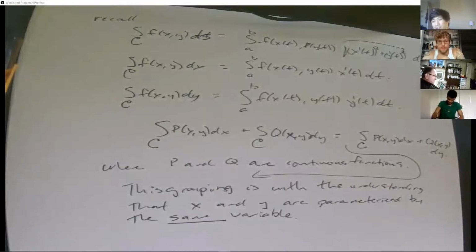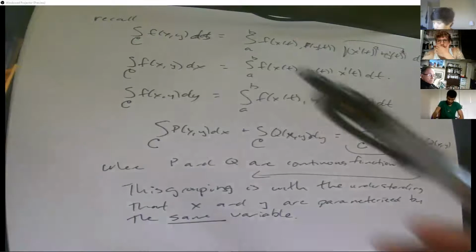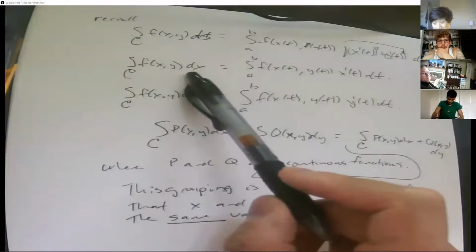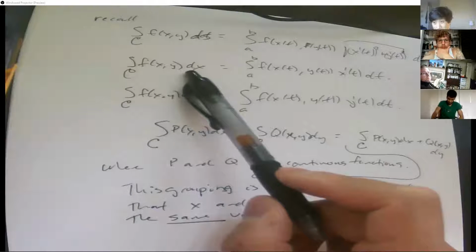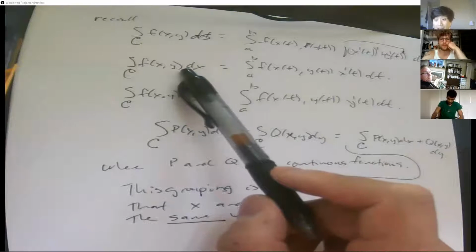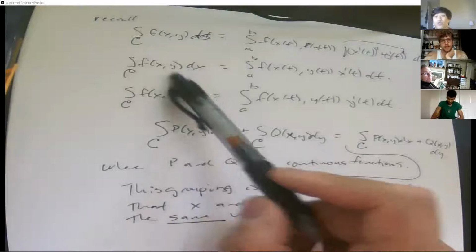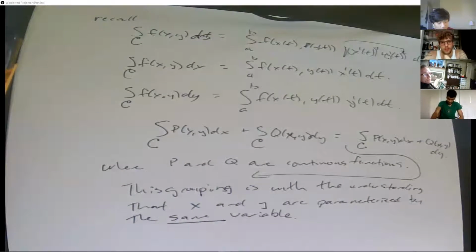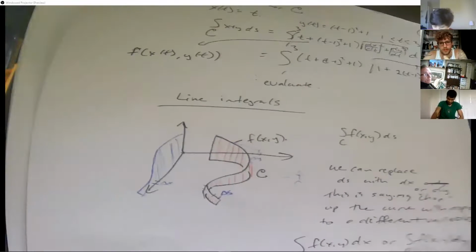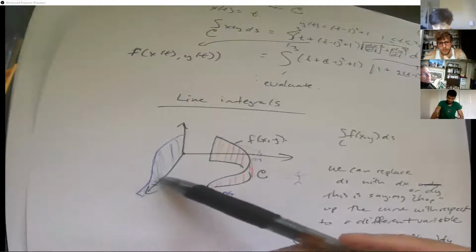A more heuristic reason is because I'm focused on this integral only on x, right? So changes in my y are insignificant. They don't affect my integral at all, right? If I'm integrating over just x, like in this picture, I'm stuck here.